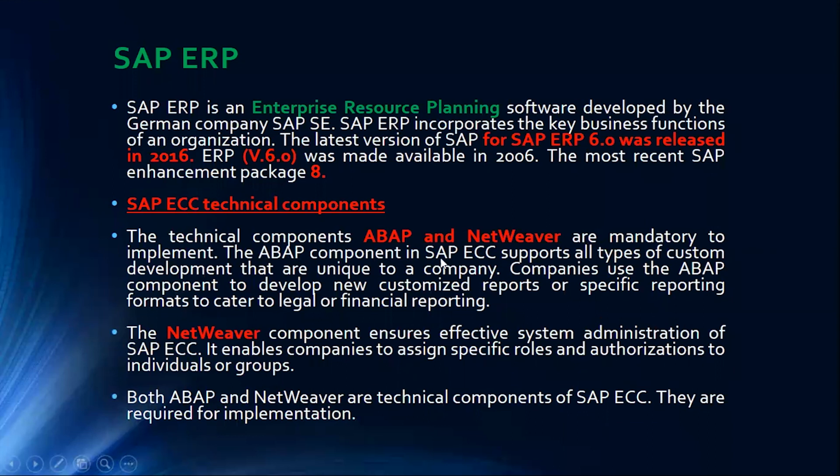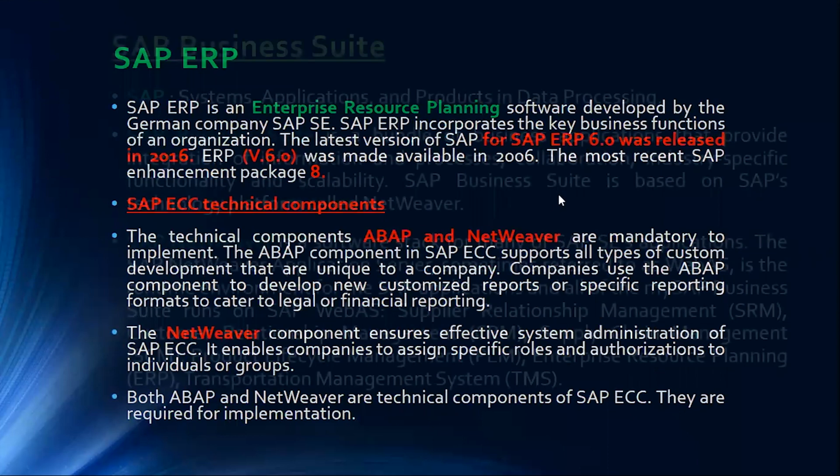The ABAP component in SAP ECC supports all types of custom development that are unique to a company. Normally the standard everything is provided by SAP. When we go for custom, it should be industry specific.